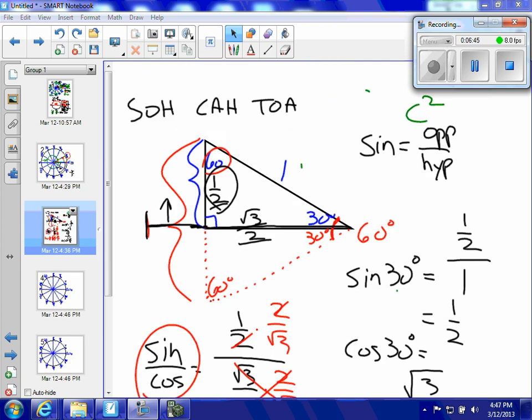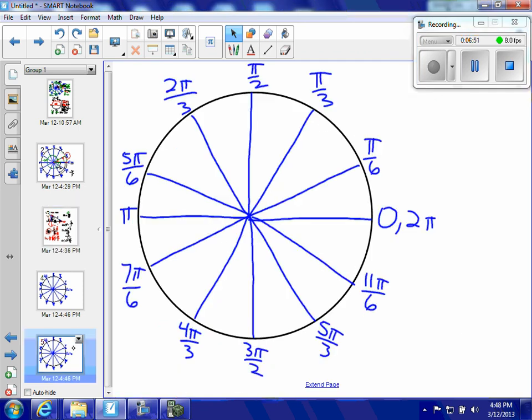But now I want to take this knowledge and I want to kind of plug it back into our unit circle. So here is a unit circle, and we know that this is a 30-degree angle. We've already determined that. Well, I'm going to take this 30-degree angle in my unit circle, and I'm going to go from this spot right here, and I've already determined my radius is 1.